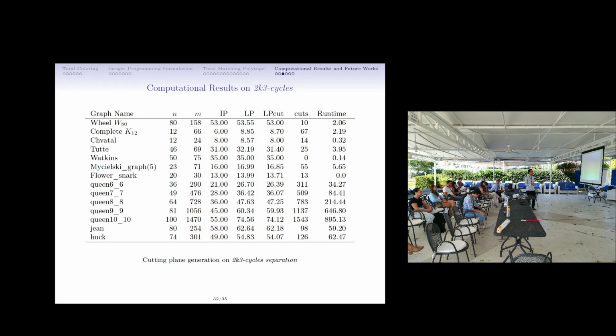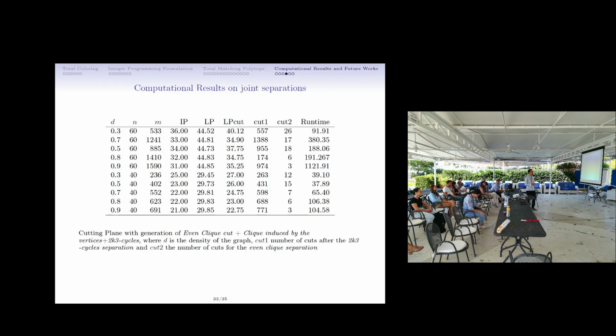This behavior is performing well for a smaller graph where the density is very small, but for a larger graph here, we can set up many cuts, but the gap between the LP cut and the optimal value is far. Here we have the joint separation problem for the clique and for the 2K free cycle.